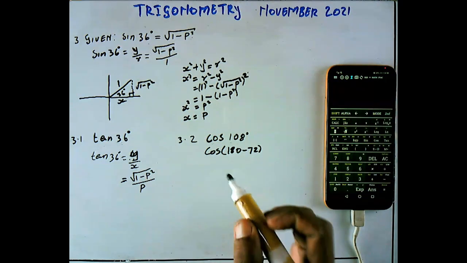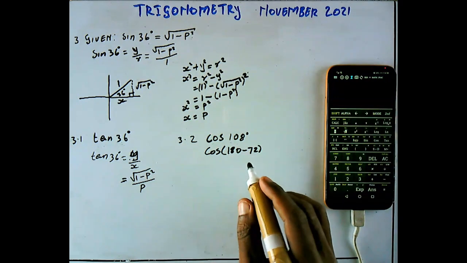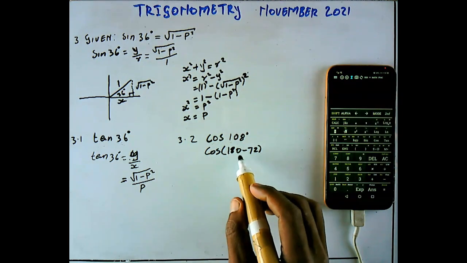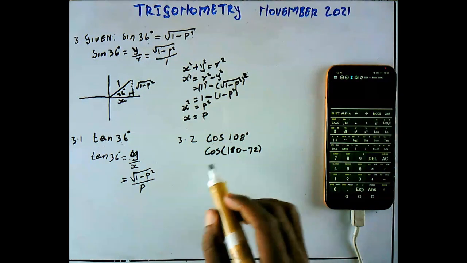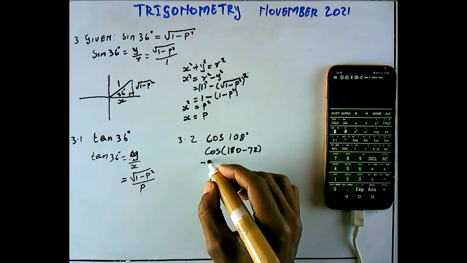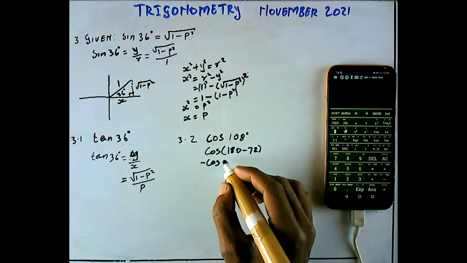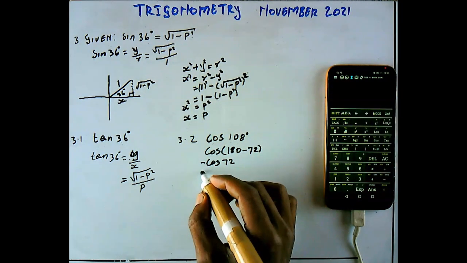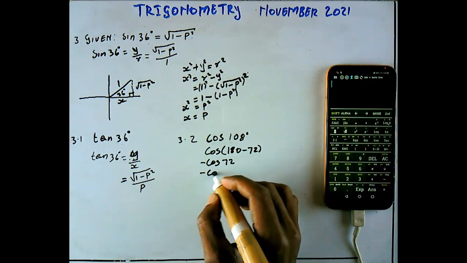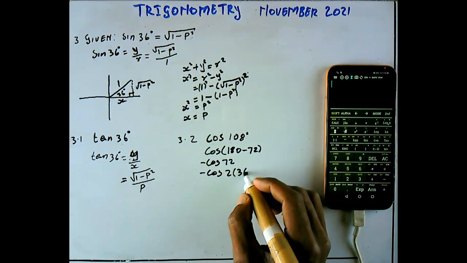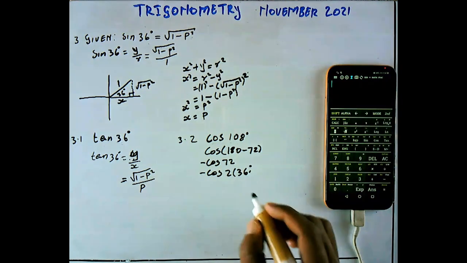So it's going to make us a little bit simpler. And then we know cos in second quadrant in 180 minus, it's negative. So now we've got negative cos 72, which is the same as negative cos 2 times 36 degrees.